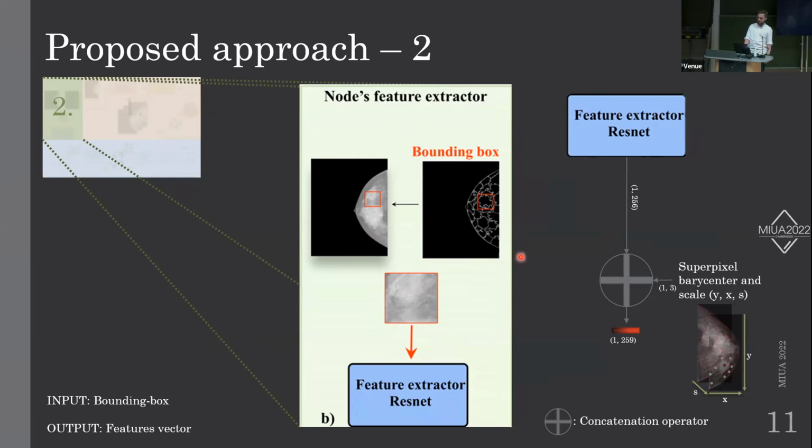For each node, we also concatenate spatial features to the vectors of features extracted from the ResNet, which are the spatial coordinates of the barycenter of each superpixel with the index of the scale where the superpixel was computed.